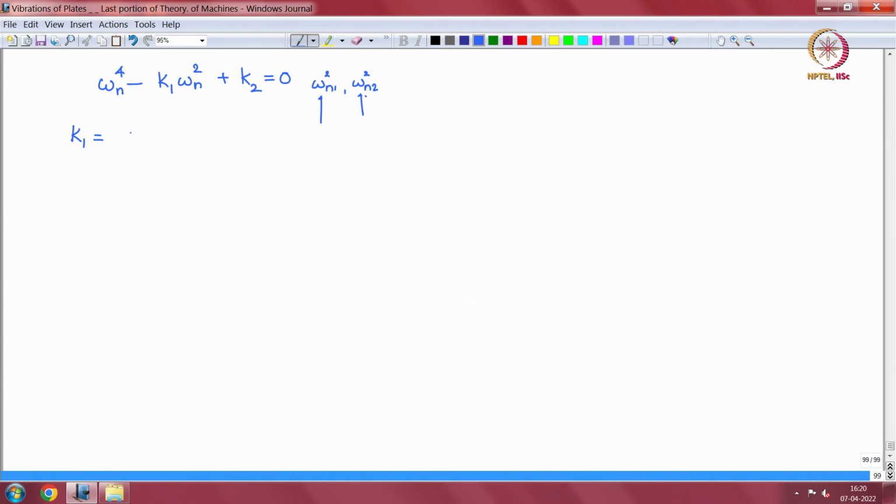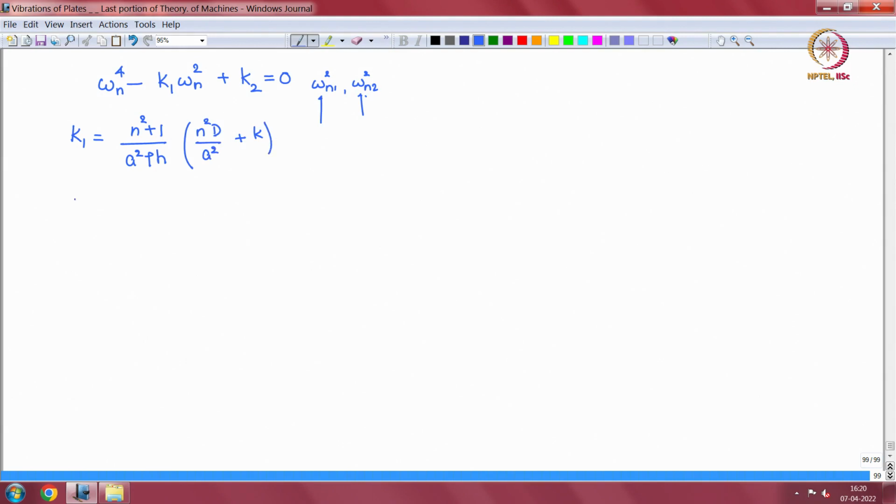k1 here is n square plus a1 by a square rho h, n square d by a square plus a k.